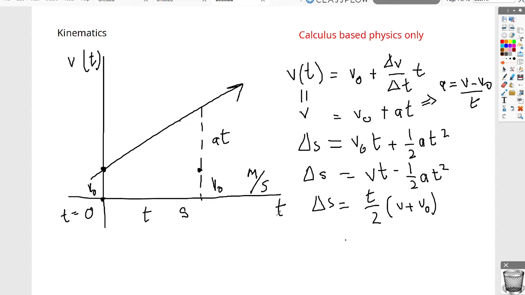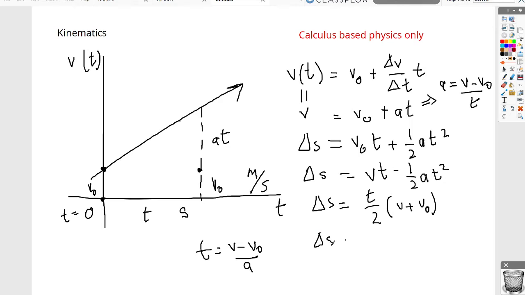The fifth kinematics equation, I'd say it's the most useful, but it's really quite hard to get, right? And the fifth kinematics equation does not rely on time. So let's solve for time to see if we can get that equation. V minus V naught over a is equal to time. Instead of substituting into the other equations, which would give V naught times V minus V naught, I'm just going to use this equation.